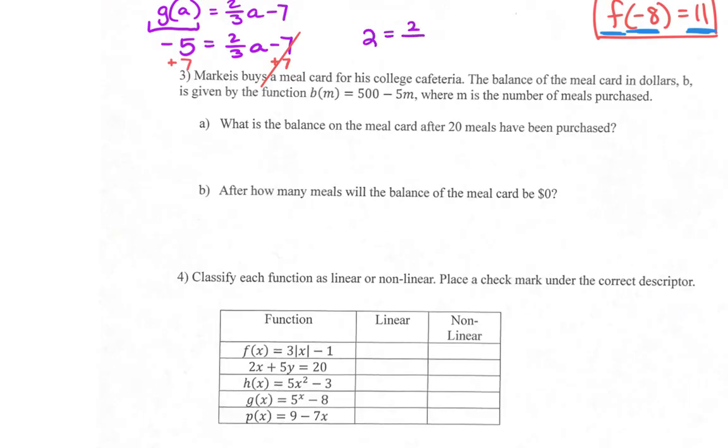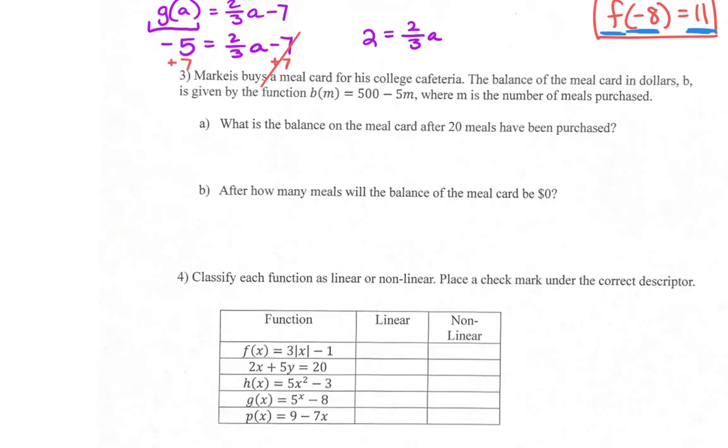And I have 2/3 a left, and the minus 7 and plus 7 canceled out. Now, we could solve this in a couple different ways. I've always taught to get rid of that times 2/3, we'll multiply by the flipped version, the reciprocal of 2/3, 3/2. And that's one thing we could do.